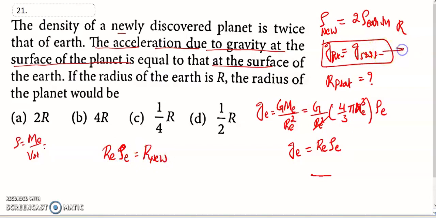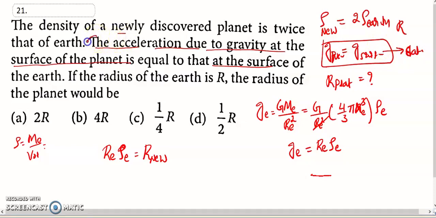According to this condition, he has given us the data: the acceleration due to gravity at the surface of the planet is equal to that at the surface of Earth. So the radius of the new planet into the density of the new planet is equal to RE into rho E. What is the density of the new planet?